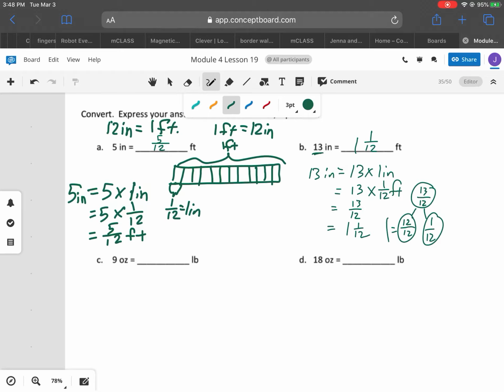Alright, so now we're going from ounces to pounds. The part that we need to understand is that 16 ounces is equal to 1 pound.